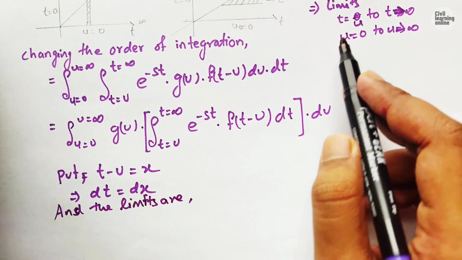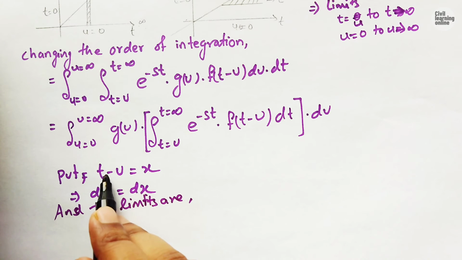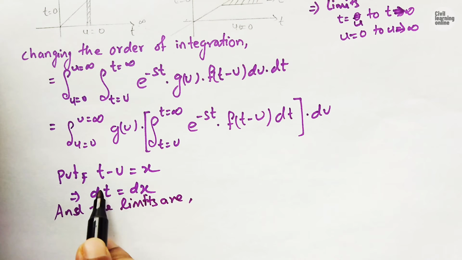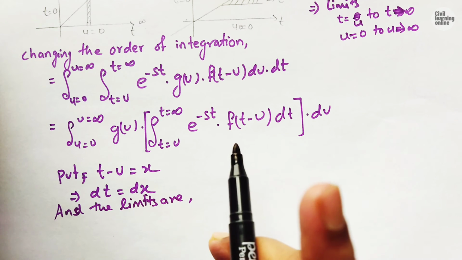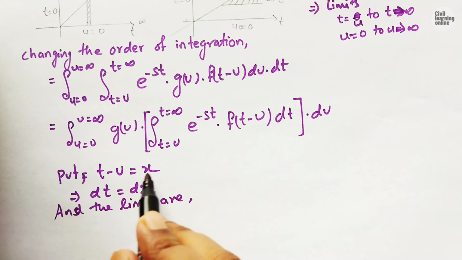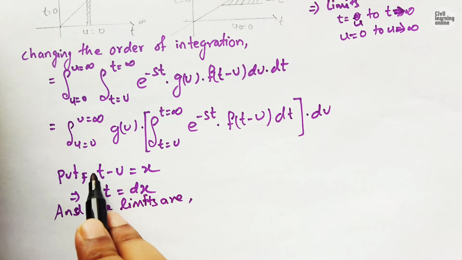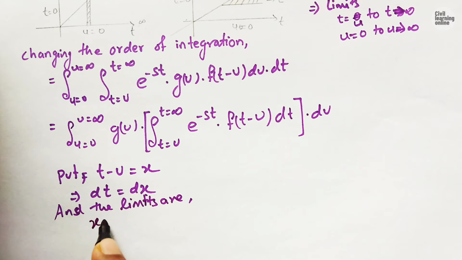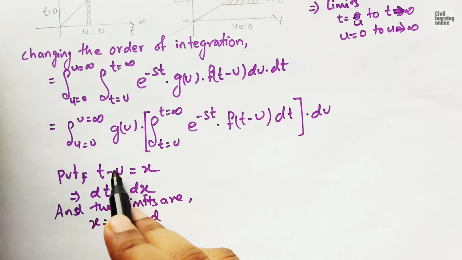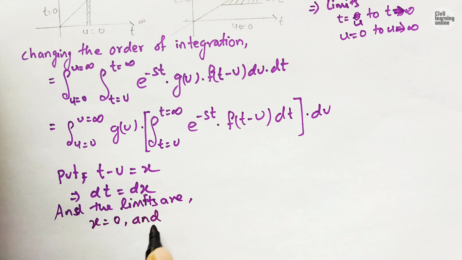So on taking the derivative, we got dt equals to dx. Now we are calculating the limit because of the introduction of x. If we place t equals to u, then we have x equals to 0, and if we put u equals to 0, then we will have x equals to t.